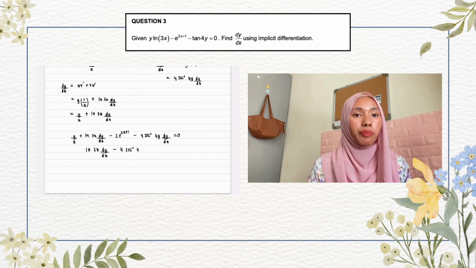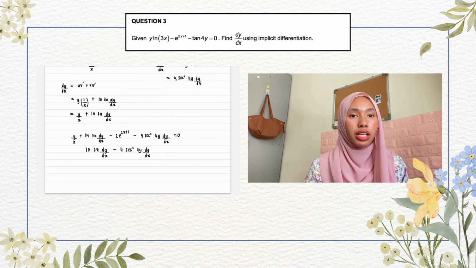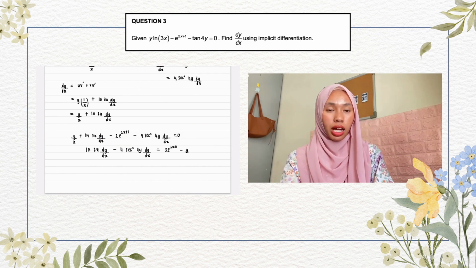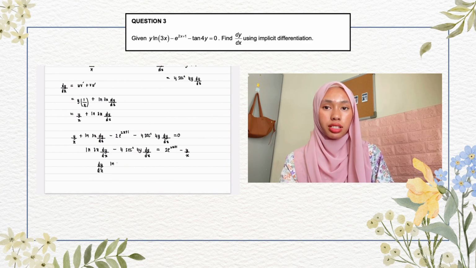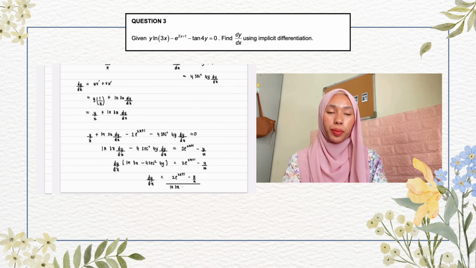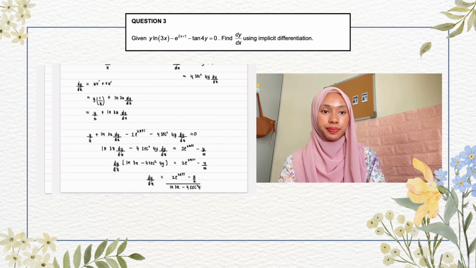Then bring dy/dx to the left, and then factorize dy/dx. After we have factorized dy/dx, lastly dy/dx equals 2 exponent power of 2x plus 1 minus y over x over ln 3x minus 4 sec power of 2 for y.